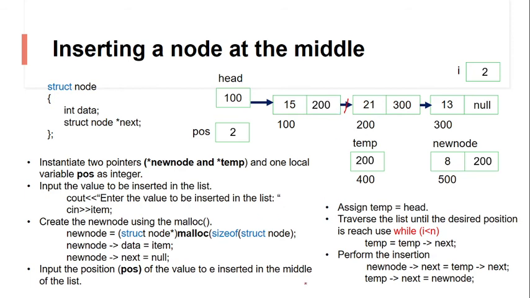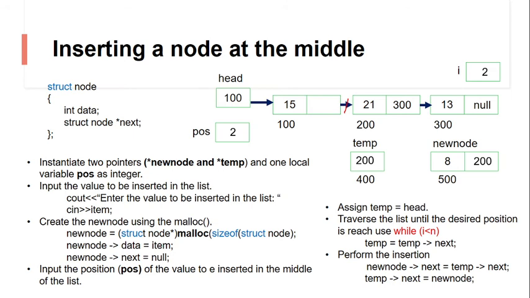So let's sequence it again. Previously it was 200 pointing to item 21. Now if we insert at this level, what will this address be changed into? It will become 500 because we'll be inserting in this particular line.